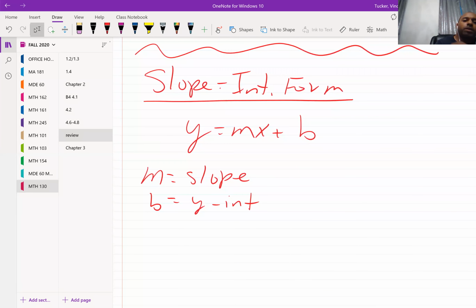So if your equation, once again, is solved for y, what's sitting in front of x is your slope, and then the other number is your y-intercept.